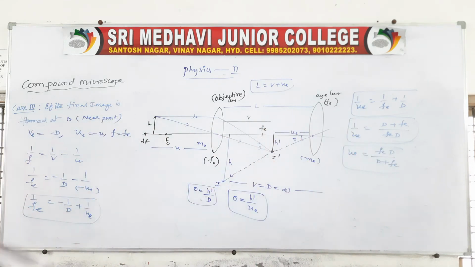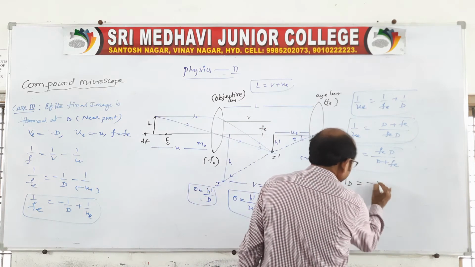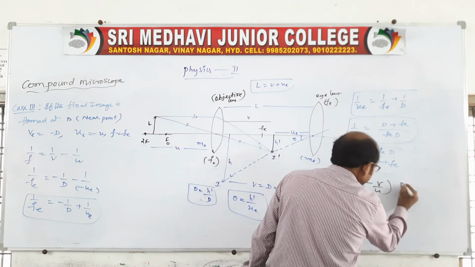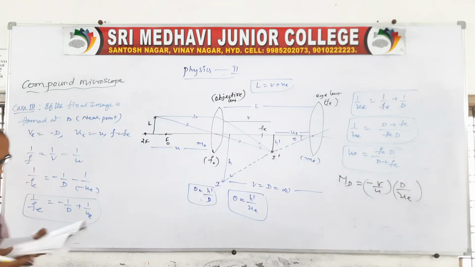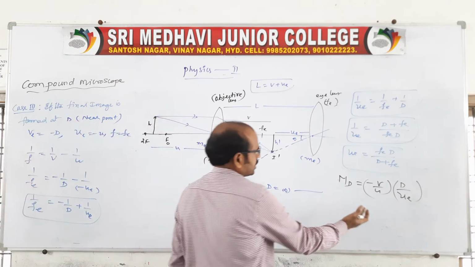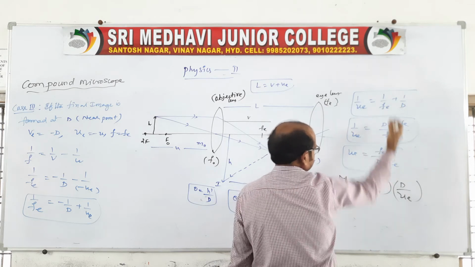In our formula there will be 1 by UE, right? Because MD, the magnification at the near point, is minus V by U into D by UE. This is the related formula. Now you substitute these values. Since 1 by UE is there, you substitute it.